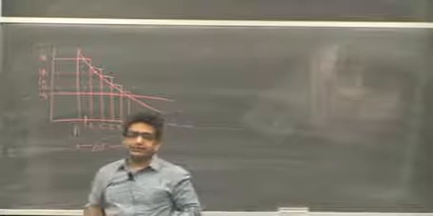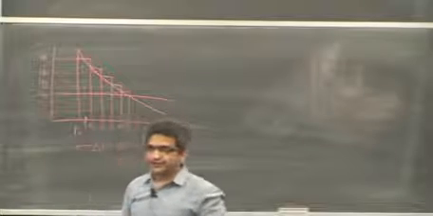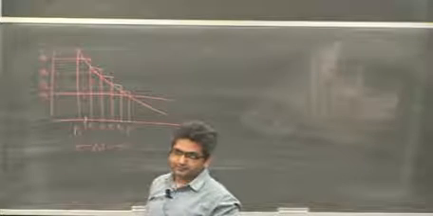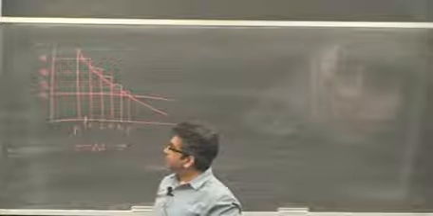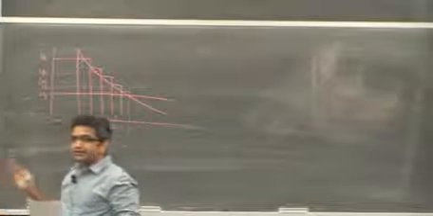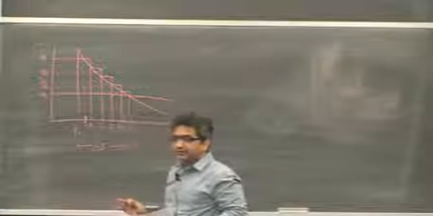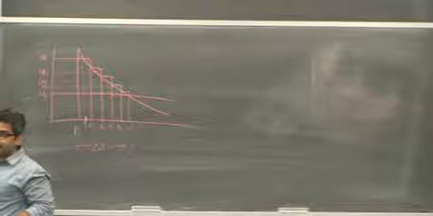If you integrate it, what we will get is the area under the curve. But we are not calculating the area here. What we want is the transmission coefficient. The problem is that this transmission coefficient we obtained for a rectangular barrier, not for this barrier.